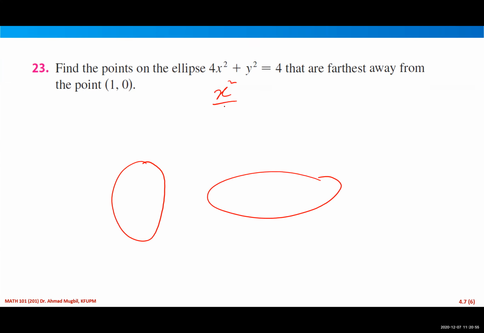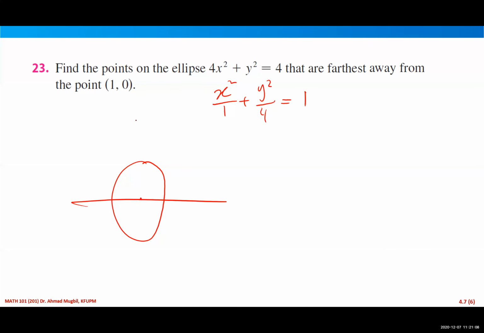This will be x squared over 1 plus y squared over 4 equals 1. And you can know that this one is vertical, it is not like this, it is like this, and it is centered at the origin. Here this is 1, this is -1, and here you have 4 and -4, 2 and -2.